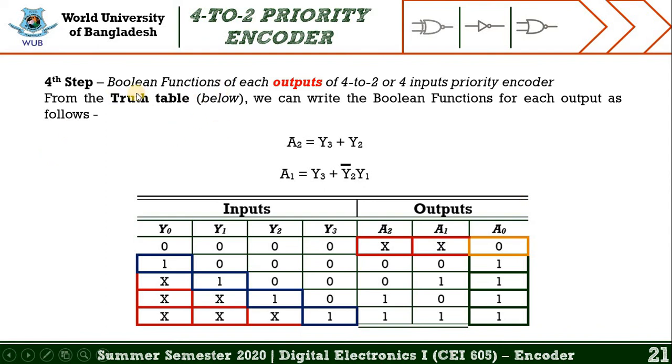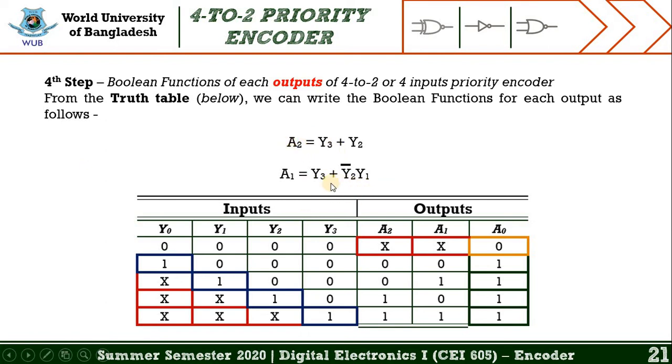The fourth step is the Boolean function of this encoder. So let's start. Boolean functions of each output of the 4 to 2, or 4-input, priority encoder. From the truth table below, we can write the Boolean function for each output as follows. One is A1 and another one is A2.